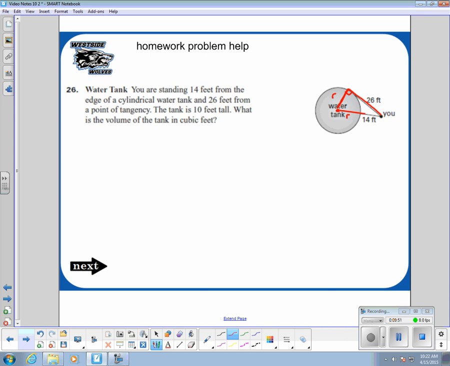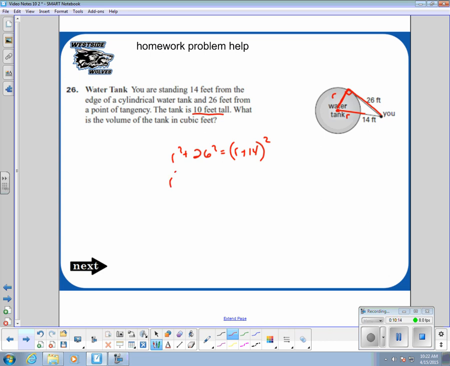Now, once we have that, it tells us that we need to find the volume of this tank. The tank's 10 feet tall. So we have to solve for this value: r squared plus 26 squared equals r plus 14 squared. There was a problem just like this setup in your notes from yesterday.